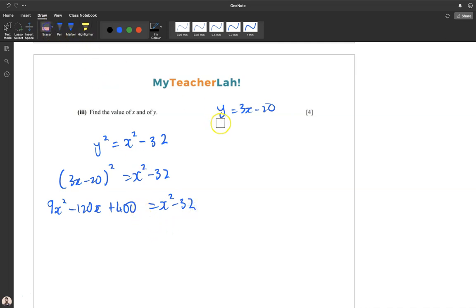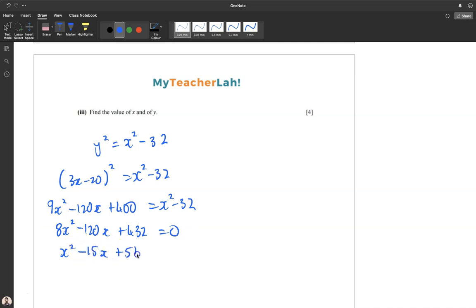I'm going to erase this for now because it's confusing. Simplify, rearrange, and you should be able to get something like this: 8x squared minus 120x plus 432 equals 0. Further simplify, divide everything by 8.